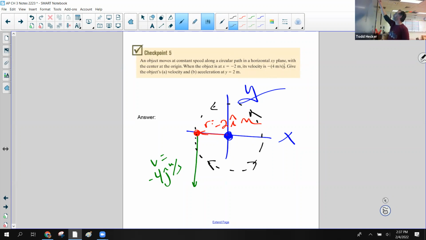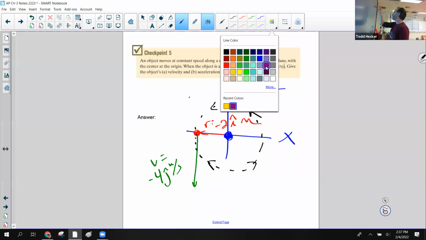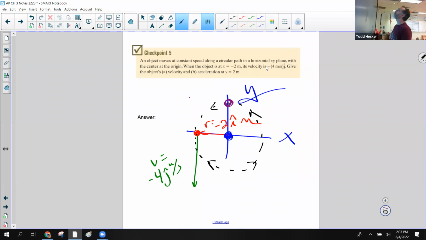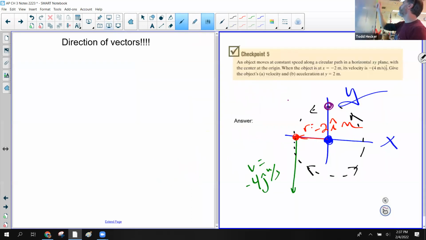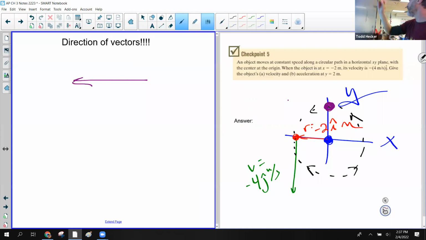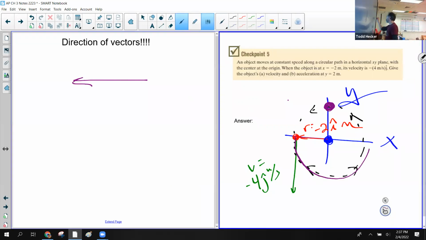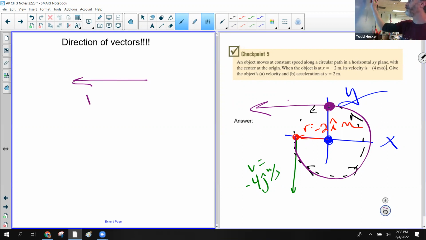So that means that when it gets to this purple dot up here, the velocity vector is going to point this way, right? It's at a constant speed. So that means the velocity is 4 meters a second, but in the -i direction, right?